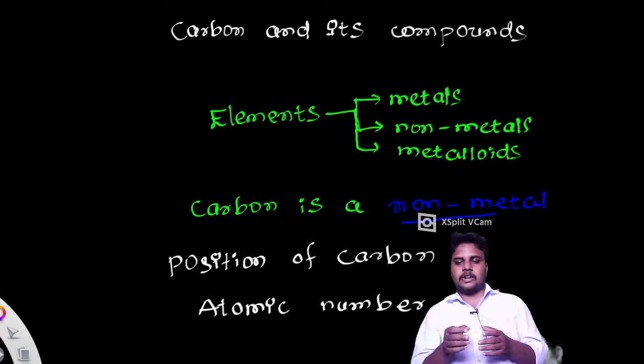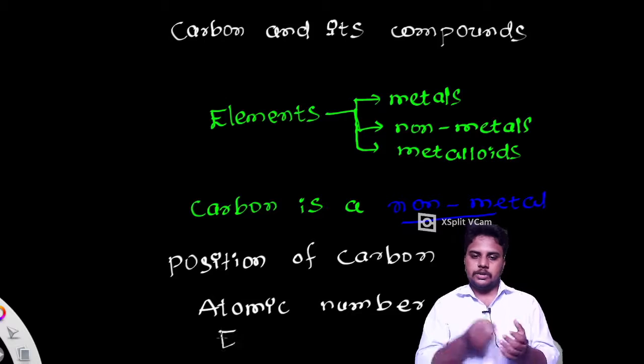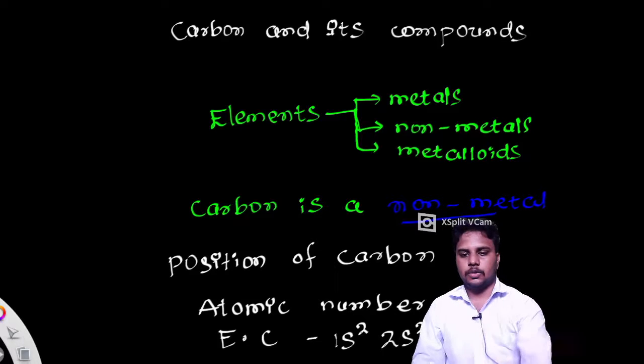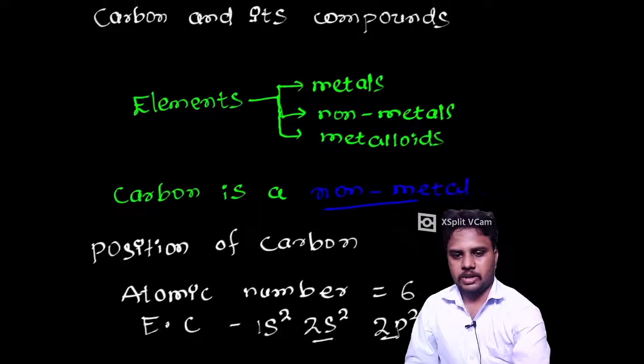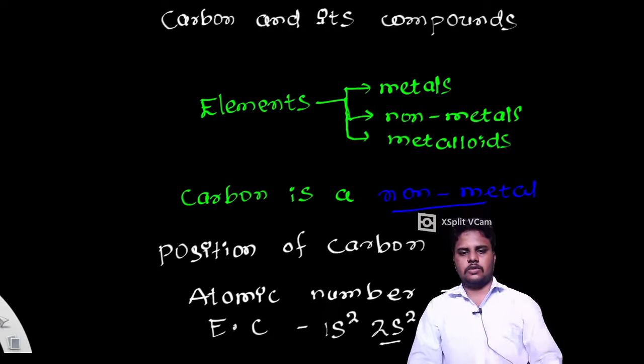Writing this electronic configuration now, in the first shell, how many electrons are there? In the first shell you have 2 electrons.